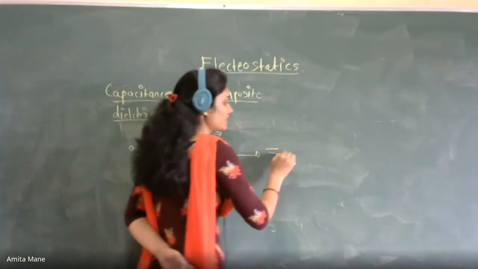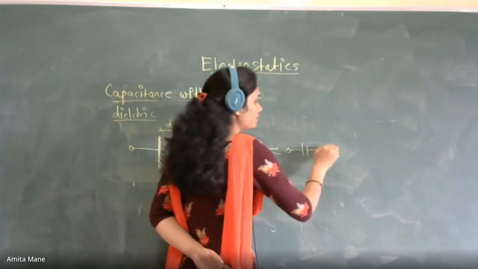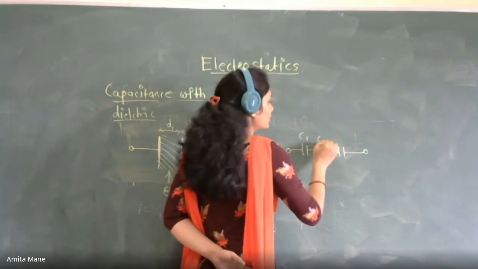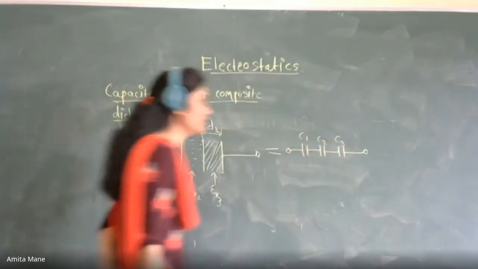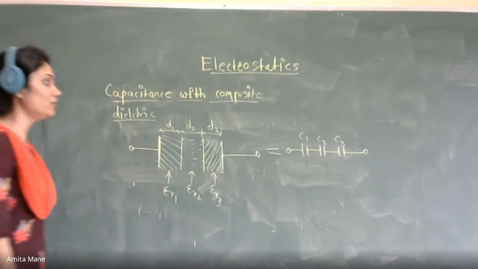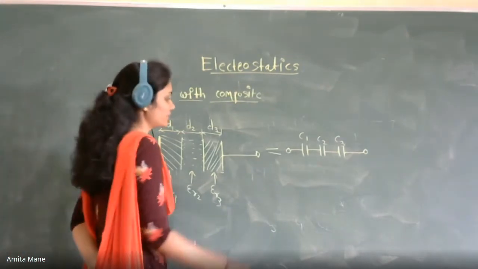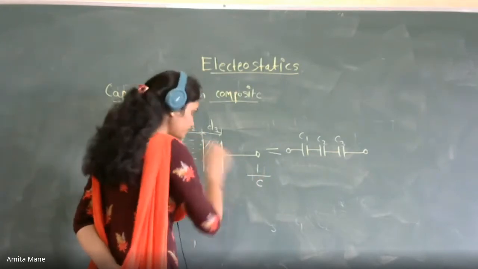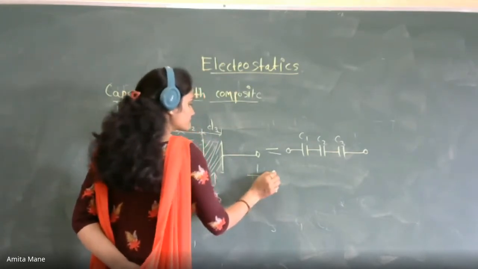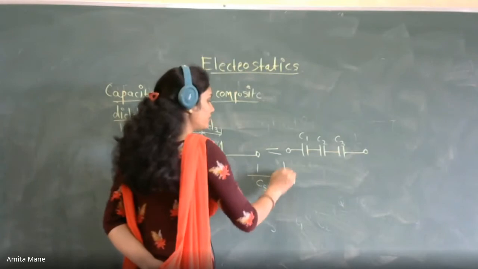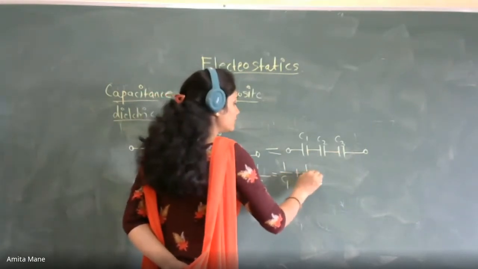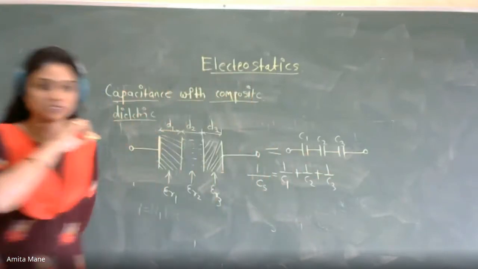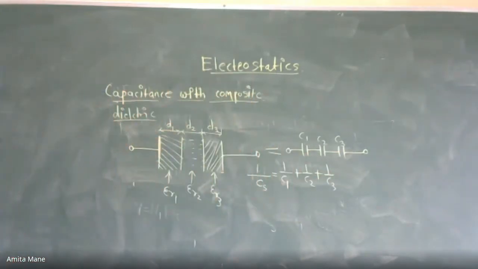So this is equivalent to C1, C2, C3 in series. Now all of you know that when they are connected in series, the equivalent capacitance is 1 upon C is equal to 1 upon C1 plus 1 upon C2 plus 1 upon C3. Is it correct?